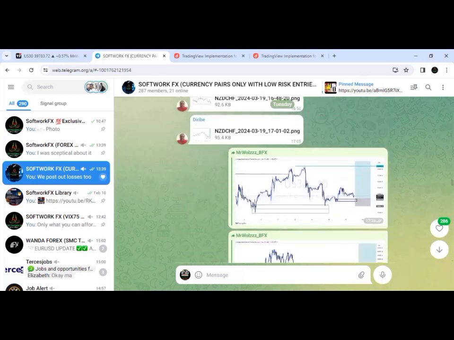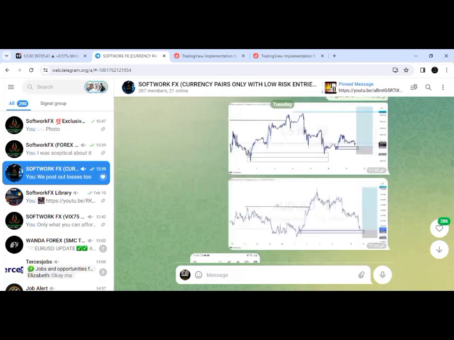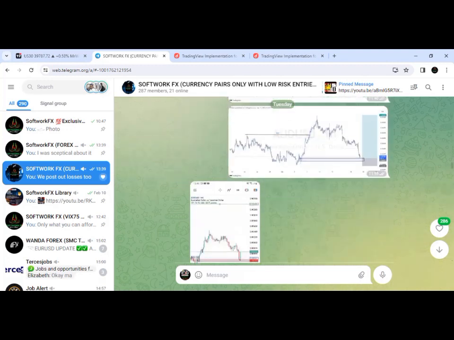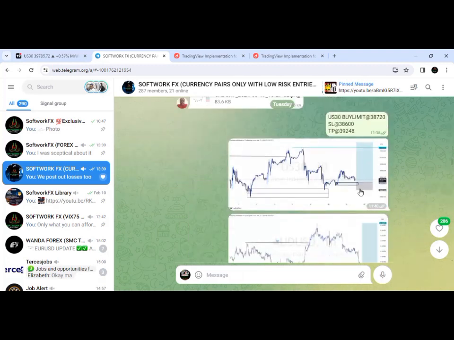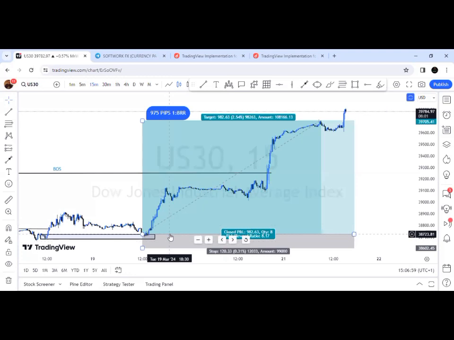Okay, look at it. This is it. This is where I dropped the buy limit. Look at the setup, and price came right into it, and the result is what you are seeing here, guys.